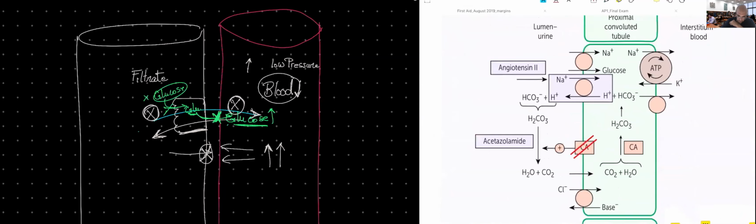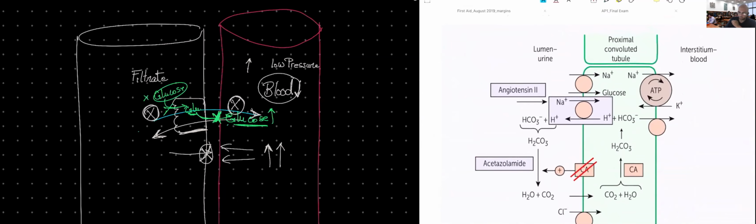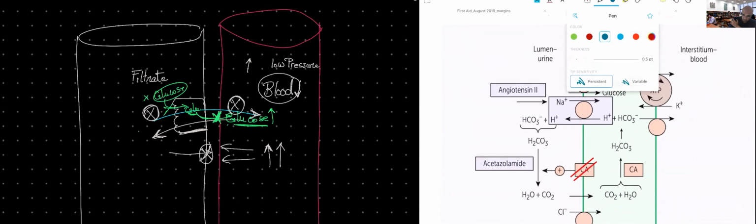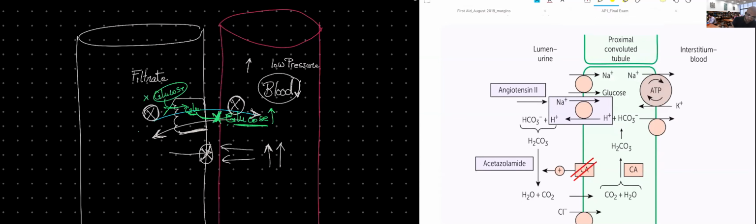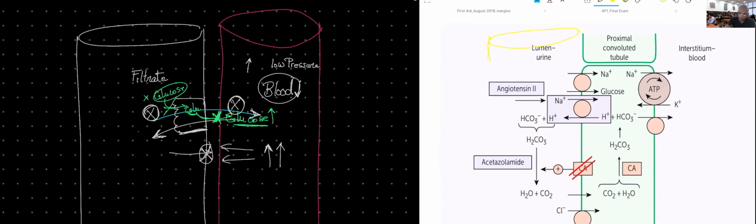So look in here. This is a lumen, where I keep the filtrate. This is where I keep the filtrates that will become urine.